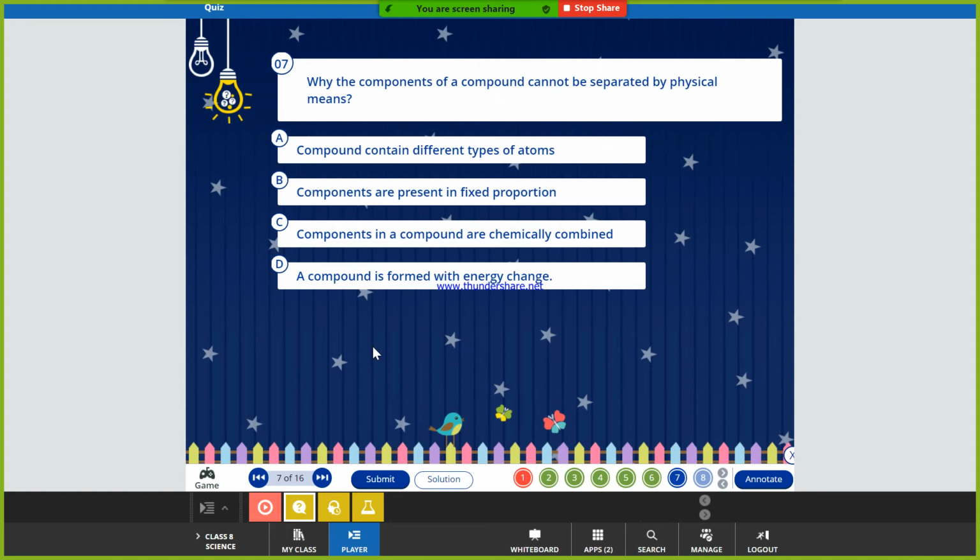Once again, I repeat the question. Why can the components of a compound not be separated by physical means? Option C, components in a compound are chemically combined.